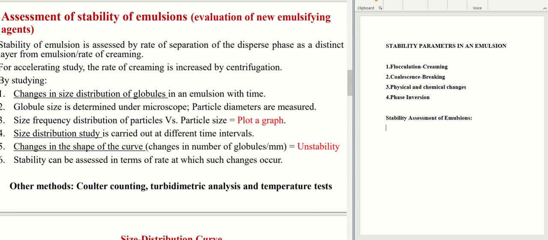So in this assessment, it is very important to take into consideration the globule size, the number of globules present, and we need to determine the size frequency of globules or particles.